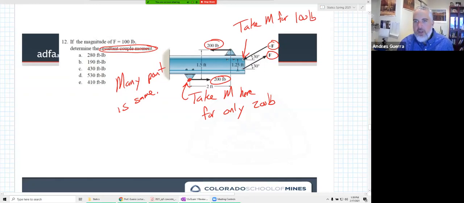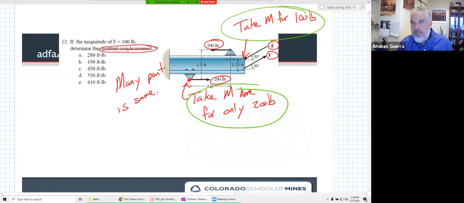And then I'll just do like we normally do with moments in 2D, where I'm just looking at if they cause a negative or positive rotation, and then multiplying them by the correct distance. And then all we have to do is add this and add this, or subtract, whatever the case. We add them together, but accounting for negatives. And then we would just add these two together, and that's our final answer.